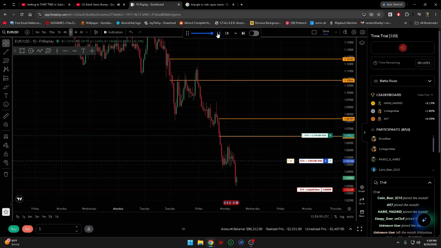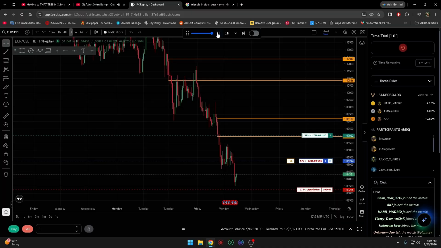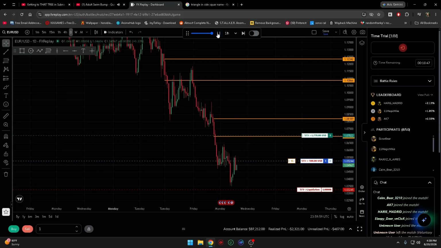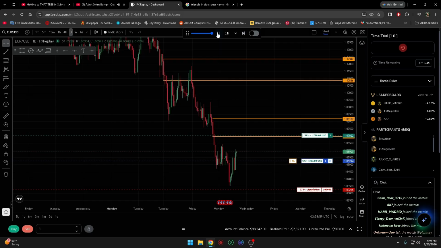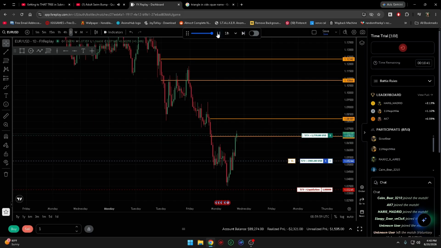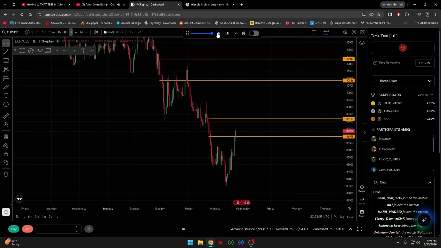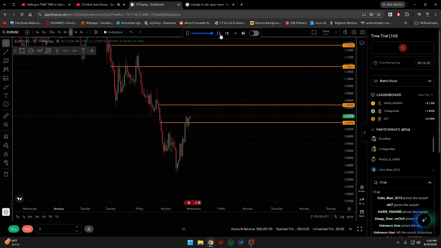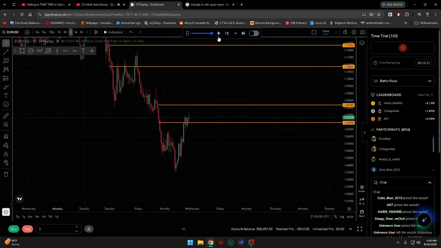Most definitely was wrong. The market just shifts. If it consolidates right here, that means the market just shifts. Yep, it totally just shifted.